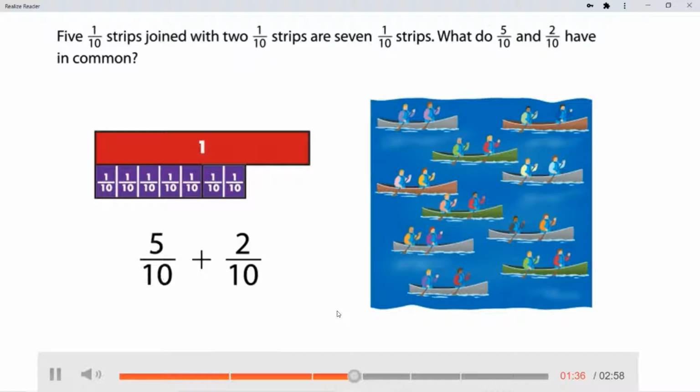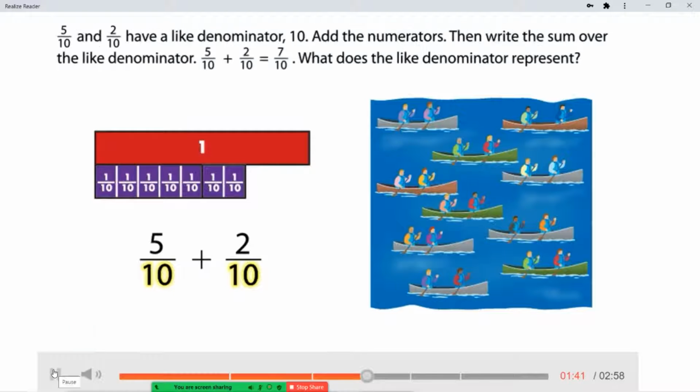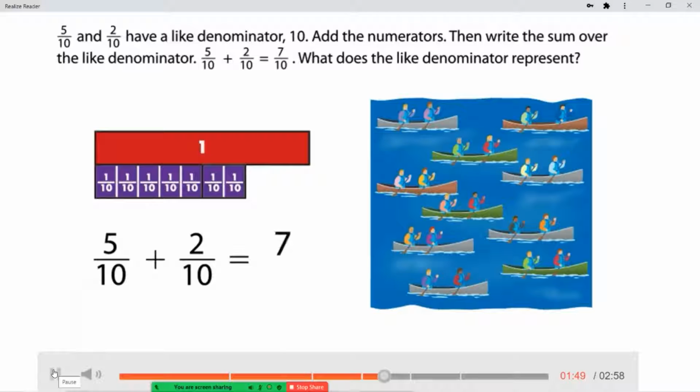What do 5/10 and 2/10 have in common? Five-tenths and 2/10 have a like denominator, 10. Add the numerators. Then write the sum over the like denominator. 5/10 plus 2/10 equals 7/10.